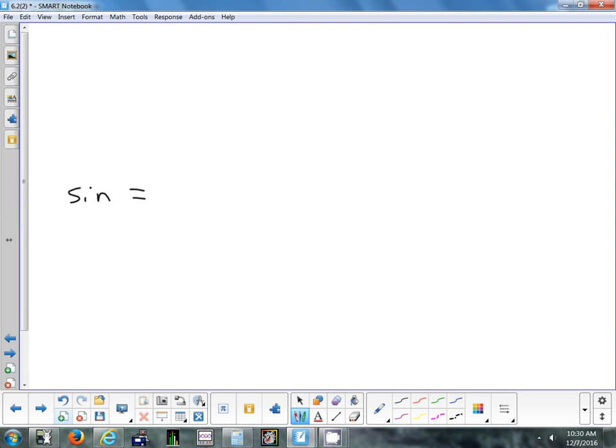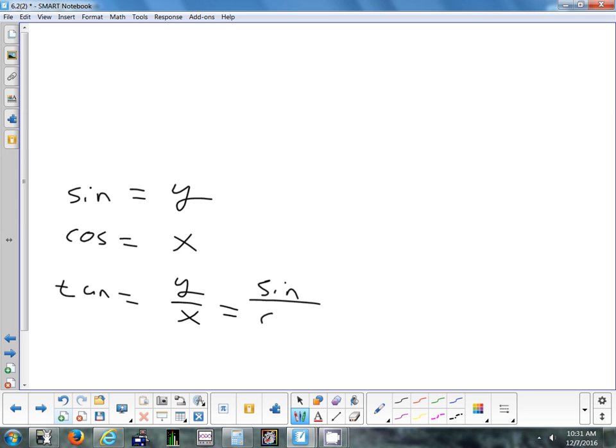What letter is sine equal to when we do unit circle? It's the y. What about cosine? And what about tangent? And remind me again, what's y equal to? Sine. And over cosine. So what does this 3rd row mean?